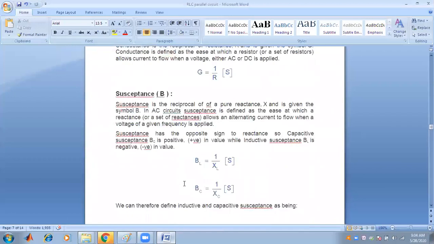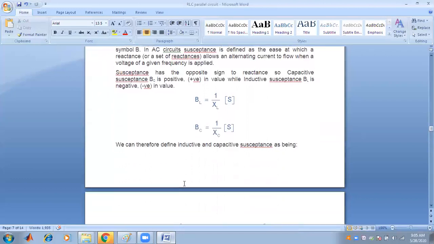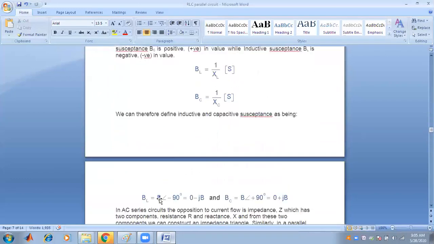Susceptance has the opposite sign to reactance, so the capacitive susceptance BC is positive, whereas the inductive susceptance BL is negative. So BL can be written as B angle of minus 90 degrees, that is 0 minus jB, whereas BC equals B angle of plus 90 degrees, that is 0 plus jB.